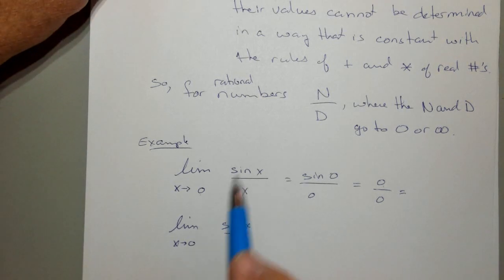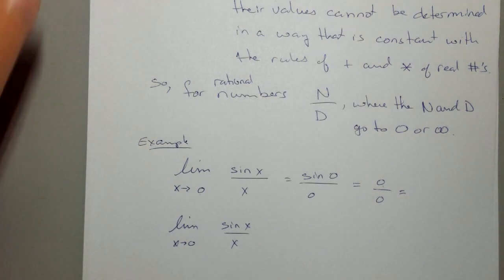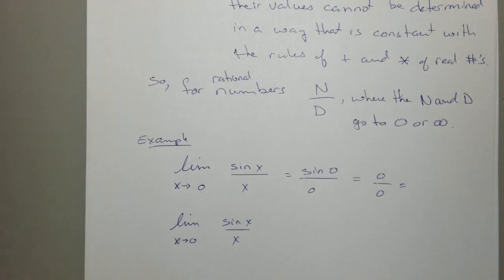So in this equation, what we have to do is use a method invented by Bernoulli, the same guy who did the laminar flow, the fluid dynamics. He invented this method called L'Hopital's rule.